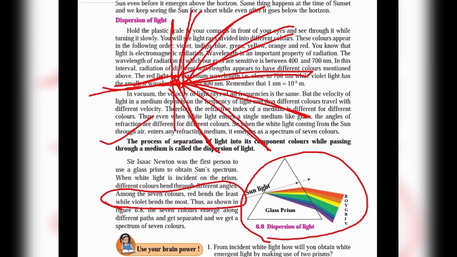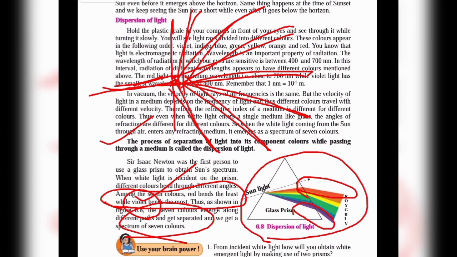When white light passes through a prism, seven colors are formed, and among those seven colors the red bends the least, while the violet bends the most. Thus, as shown in the figure, the seven colors emerge along different paths and get separated, and we get a spectrum of seven colors.